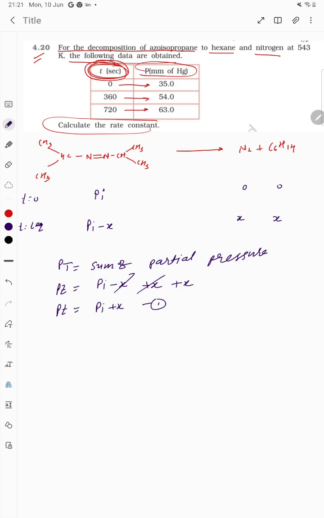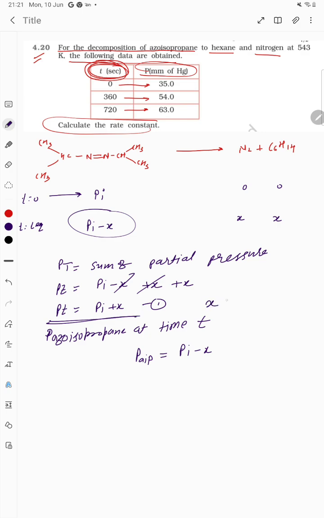This is equation 1. Now we need the pressure of azoisopropane at time t. P azoisopropane is equal to Pi minus X. From the earlier equation we can calculate X: X is equal to Pt minus Pi.